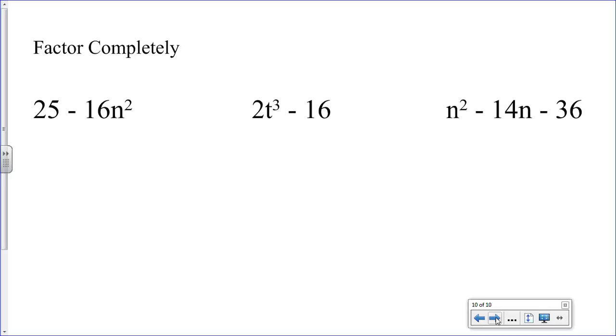All right, do this first one. There's not a common factor, but I see perfect squares and subtraction. So difference of squares.